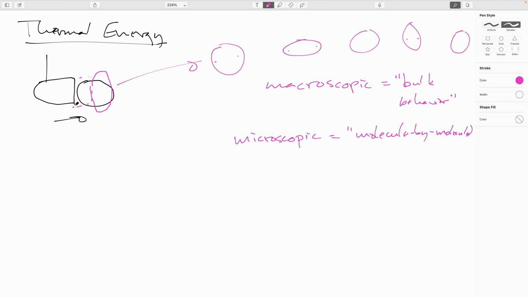Now, if we were to calculate how much work the driver did on the golf ball, we would find that just calculating the kinetic energy associated with the macroscopic motion wouldn't equal the work being done by the driver.